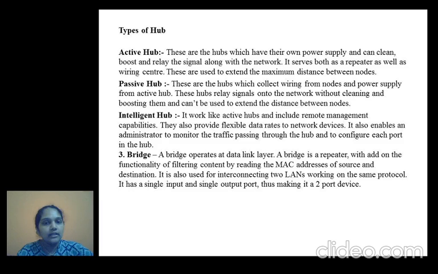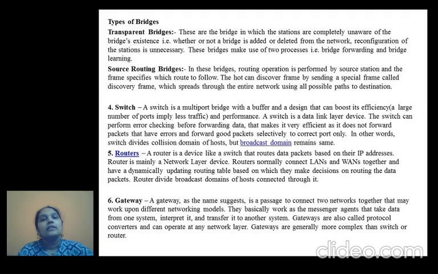An additional facility in the bridge is that it reads the MAC address of source and destination. It is also a two-port device. It basically works on LANs that follow the same protocol. A bridge has two types, transparent bridge and source routing bridge.